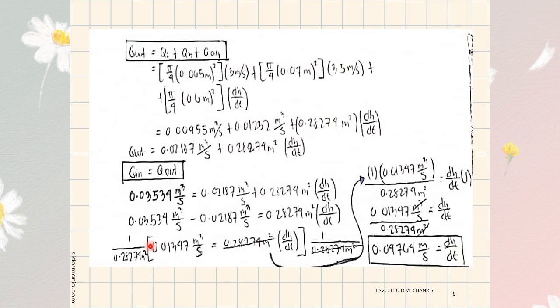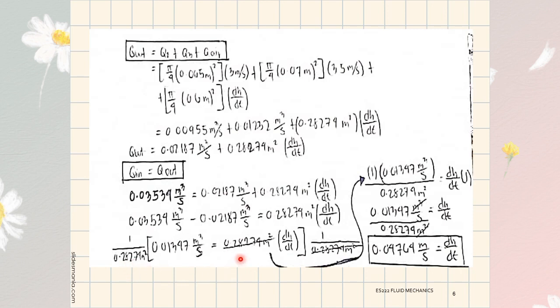To get the value of dH over dt, we need to multiply 0.01347 cubic meters per second, equal to 0.28274 square meters times dH over dt, by 1 over 0.28274 square meters.